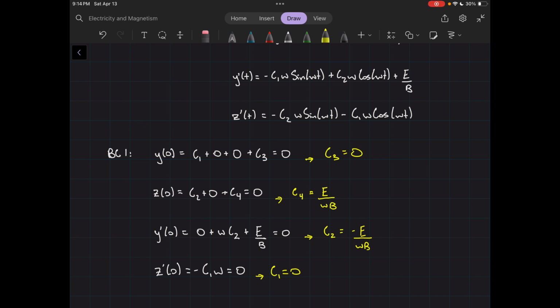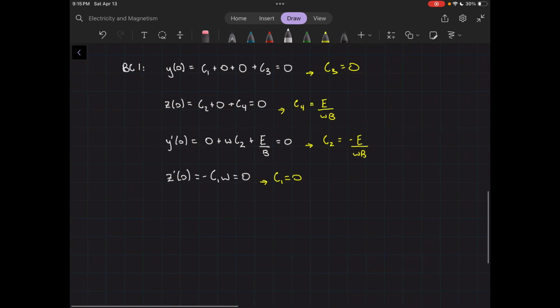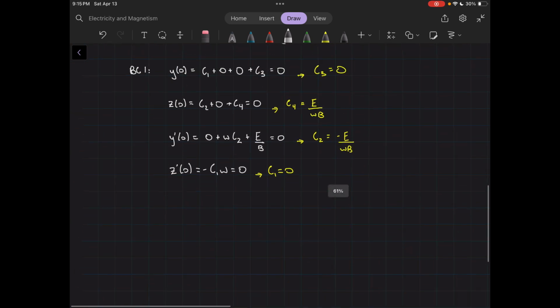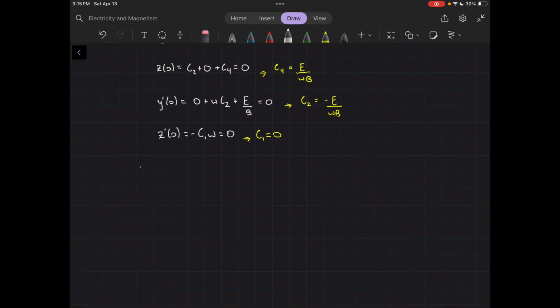Sweet. So now we can rewrite our general equations with these constants. Our motion in the y direction is going to be minus E over omega B sine of omega t plus E over B times t.